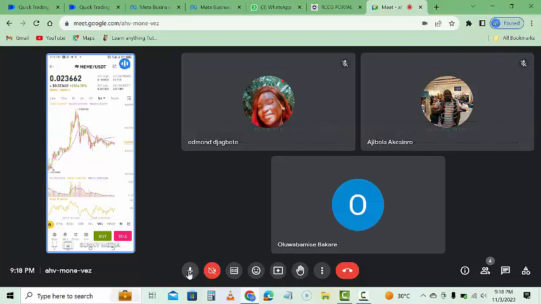But one thing is certain, it's going to drop. Like the listing price was 0.011, it pumped to 0.100, then dropped. Now they try to bring it back up a bit, then it starts dropping.